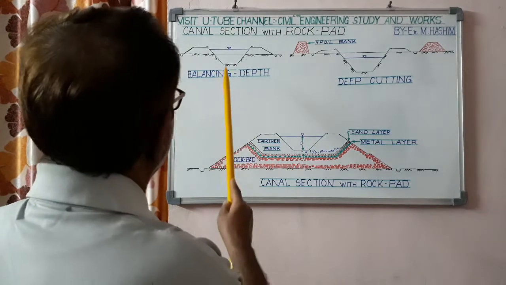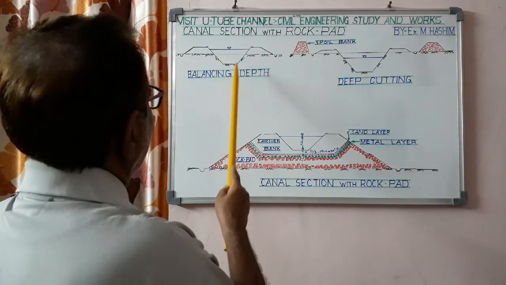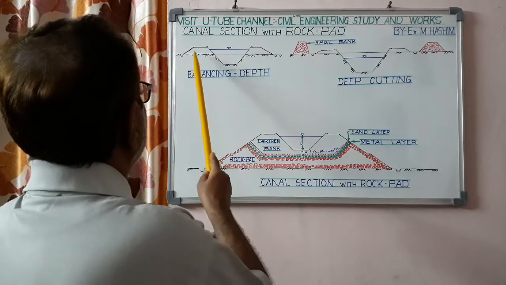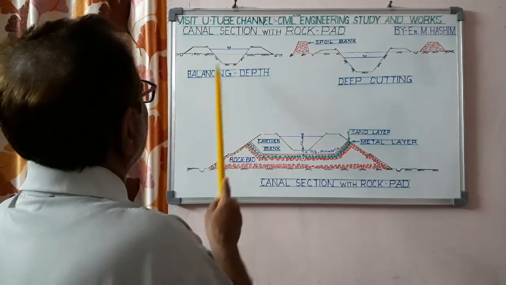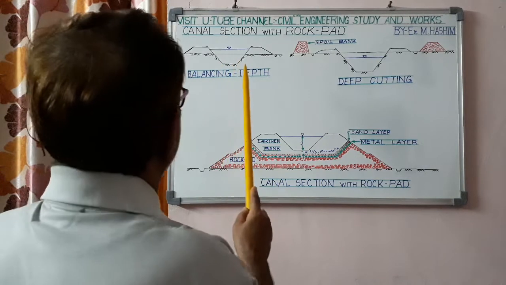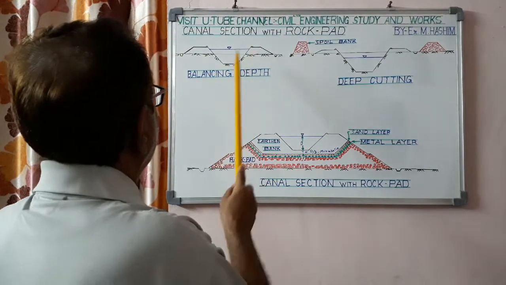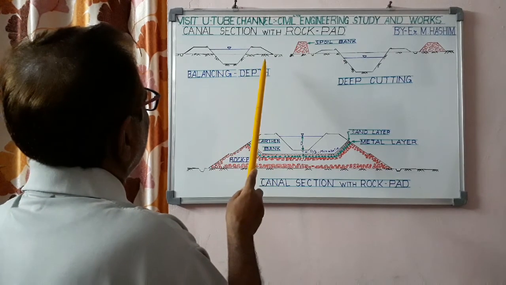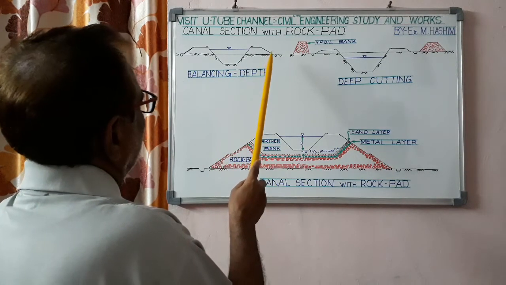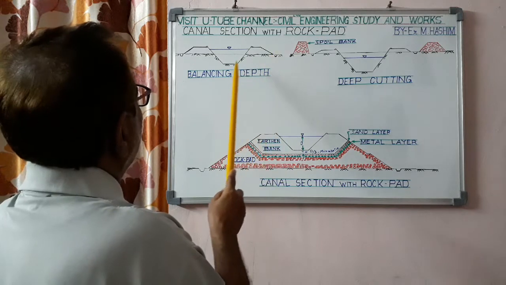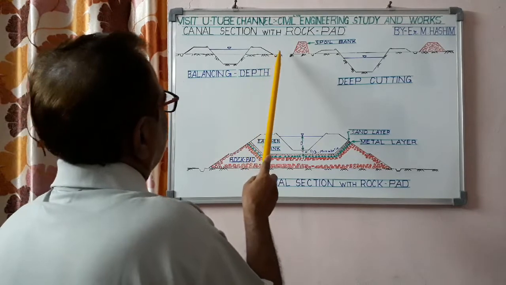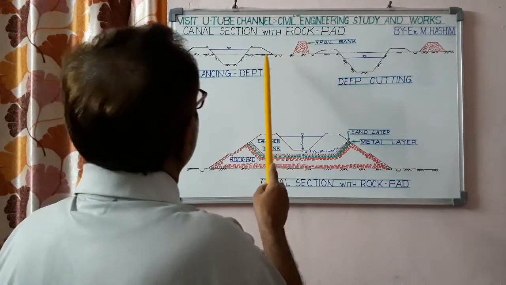that the soil available from the cutting will be exactly equal to the quantity of filling in the embankment. So in this condition there will be no additional land required for storing in spoil bank.